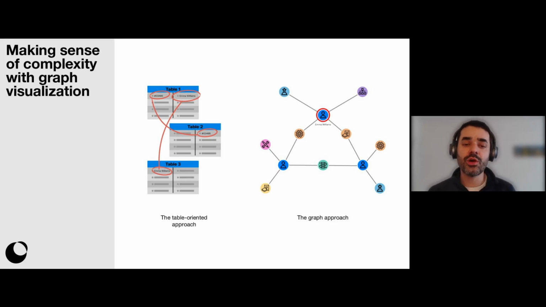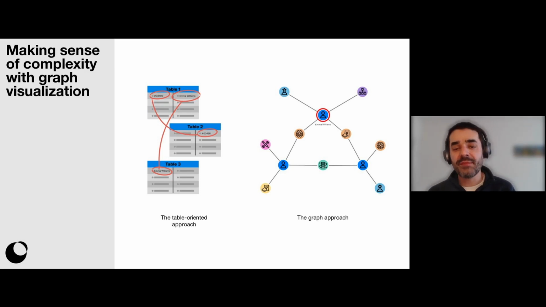And if you're trying to make sense of the relationships that exist within these tables, maybe you are trying to track how different persons are interconnected to one another, it's going to be difficult to make sense of that, and you will probably end up with various tabs open in your laptop, and not a very easy time, I guess, to get to the bottom of your investigation.